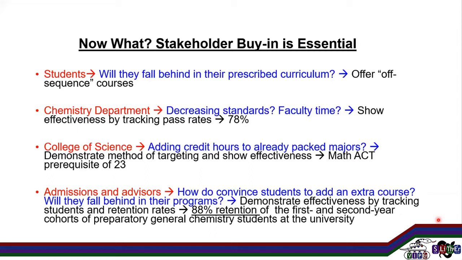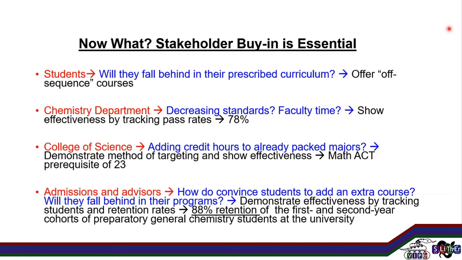All right, so problems, so challenges we talked about in our earlier discussion is you have the data, all right, and you feel like this is the way to go. Okay, so now you have to get buy-in from your stakeholders, and first and foremost, your stakeholders are going to be your students. And what students will say is, oh no, what if I fall behind on my curriculum?